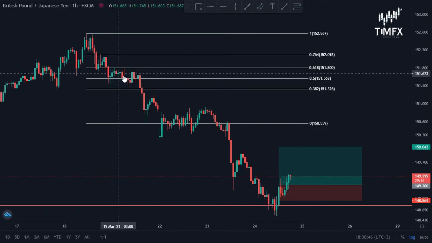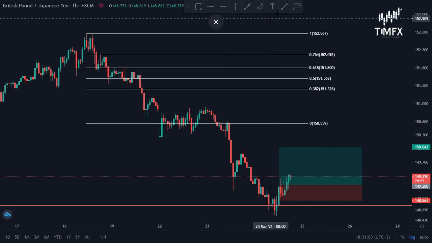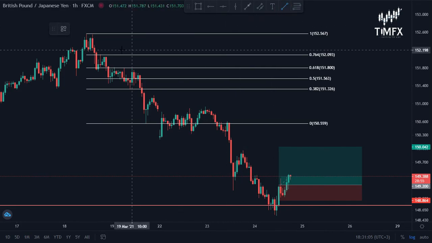It consolidated around this point and came back to the 61.8% Fibonacci level. Now it came down to this 50% Fibonacci level. Now ideally, like the line I drew earlier, it makes the graph look something like this.